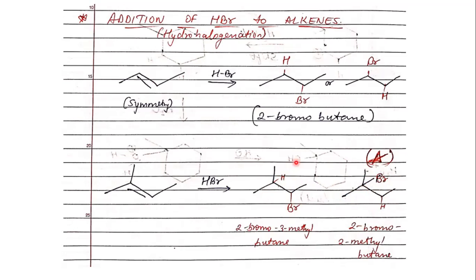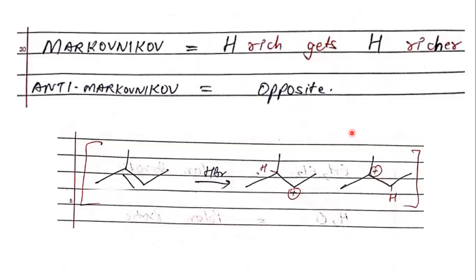We will see why this is major and why this is minor. Because of an unsymmetrical alkene, we have to see certain rules called Markovnikov's addition and anti-Markovnikov's addition. The easiest way to remember Markovnikov's addition is "H-rich gets H-richer," meaning the proton-rich carbon gets proton-richer. So whichever carbon has more protons will get even more protons. That is Markovnikov's addition, a nice, easy way of remembering it.